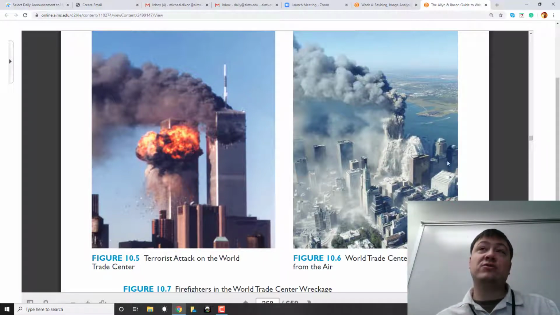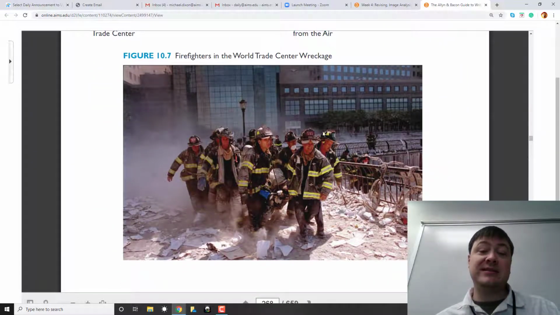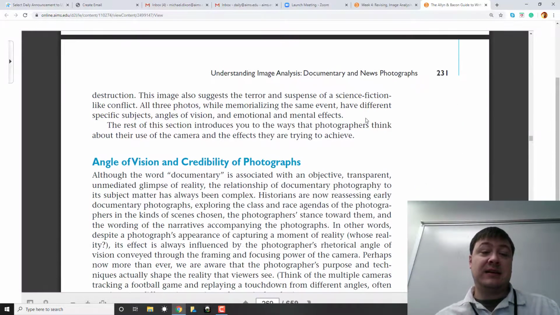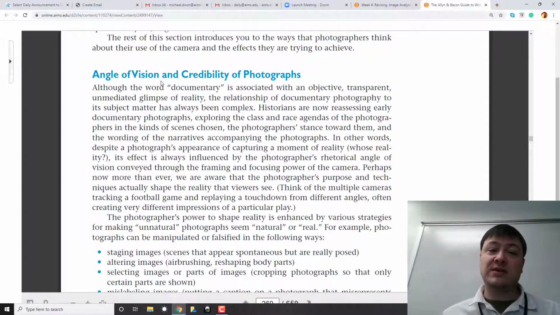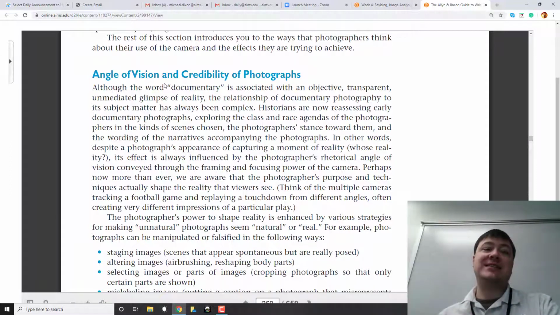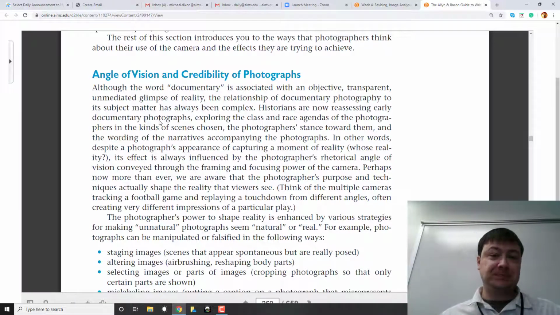So there's a lot that you can rhetorically analyze in still photographs like this. The angle of vision and degree of advocacy, basically, we touched on those in a previous video. Angle of vision is unintended bias, whereas degree of advocacy is intended bias.